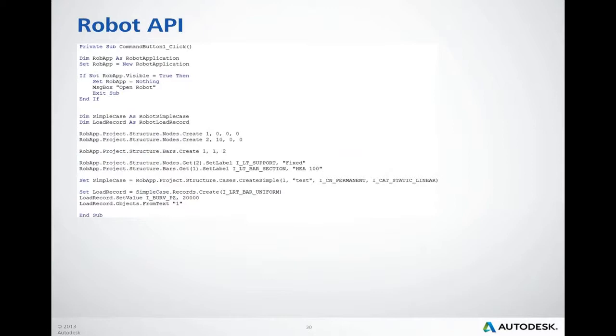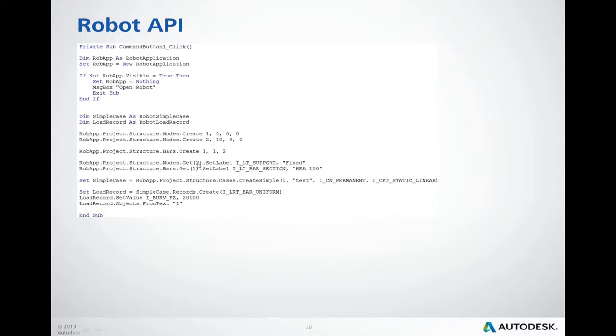Here is the simple code for creating a cantilever with uniform load. At the beginning you can see all the declarations, checking whether Robot is running or not. Here we can see the code for creating these two nodes, then creating a bar with the two nodes, node number 1 as the beginning node and node number 2 as the end node, and applying some properties, some labels.